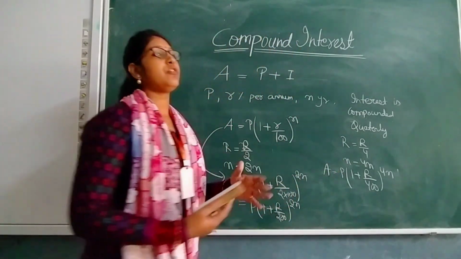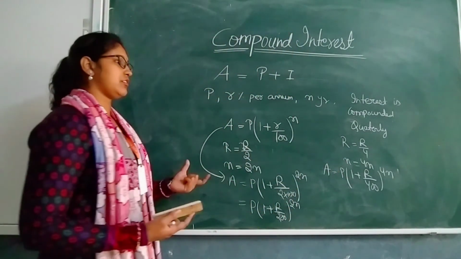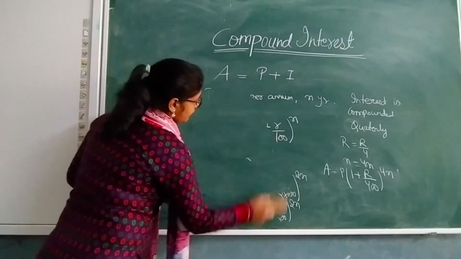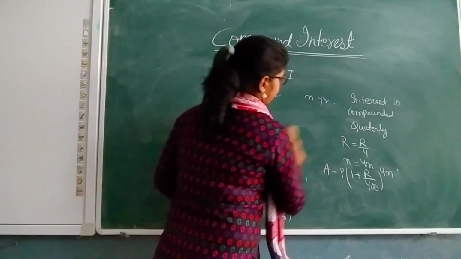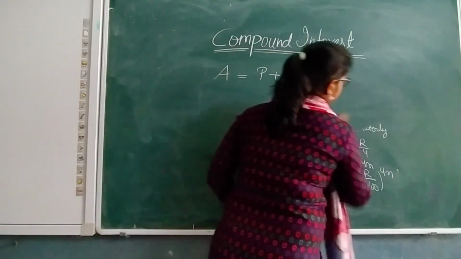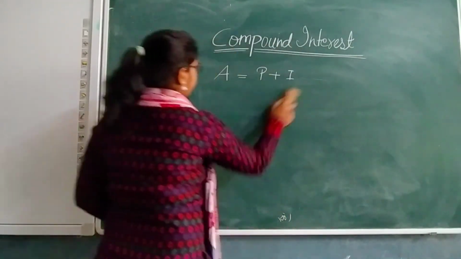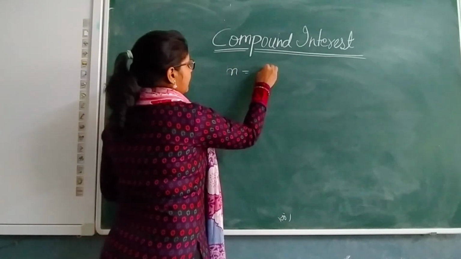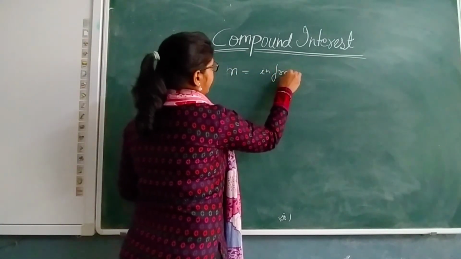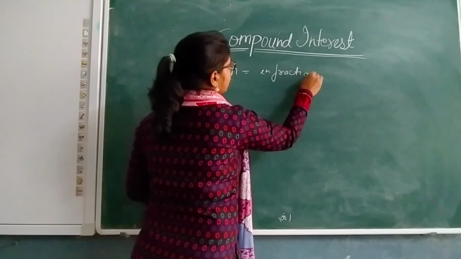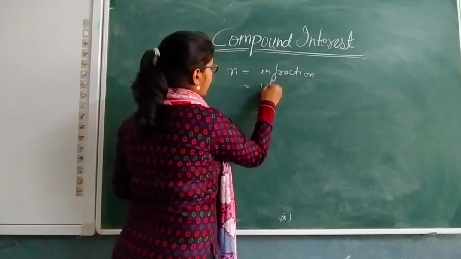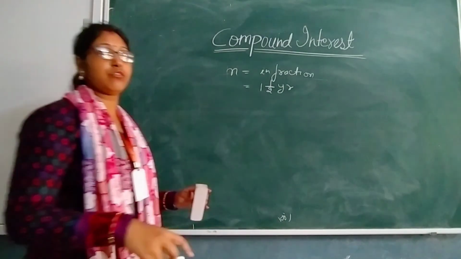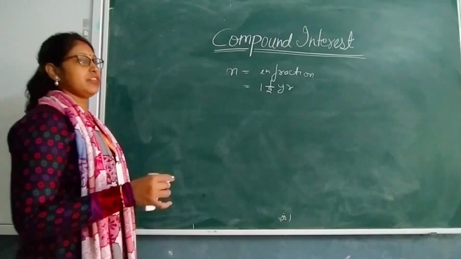Suppose we have to calculate compound interest where the time is in fraction. Suppose it is 1.5 years and interest is compounded annually.